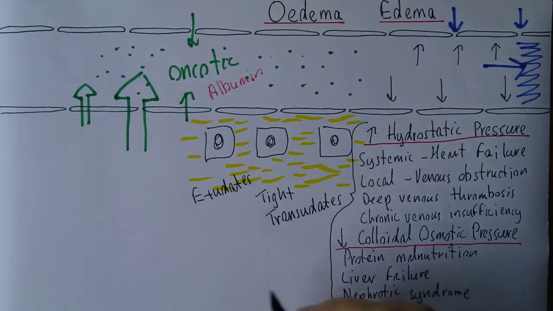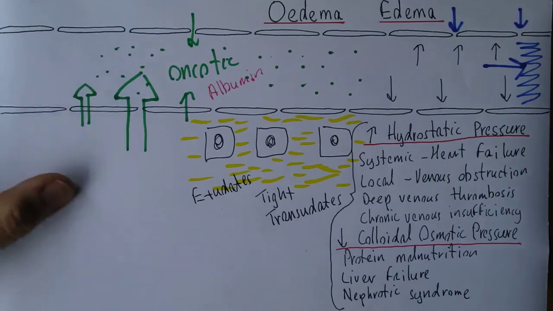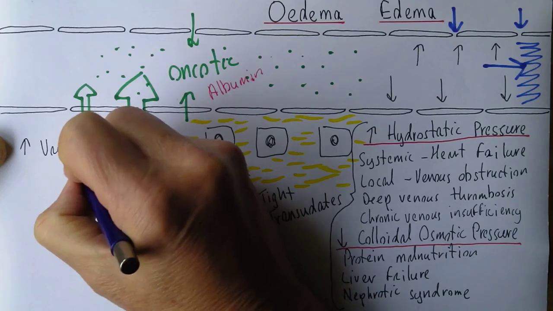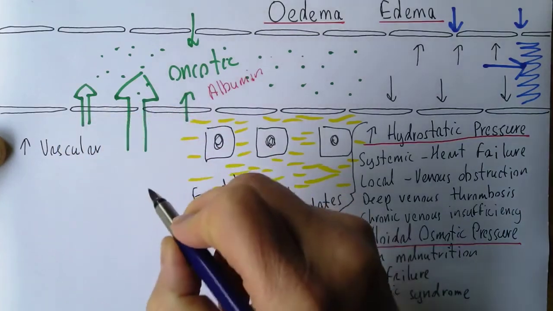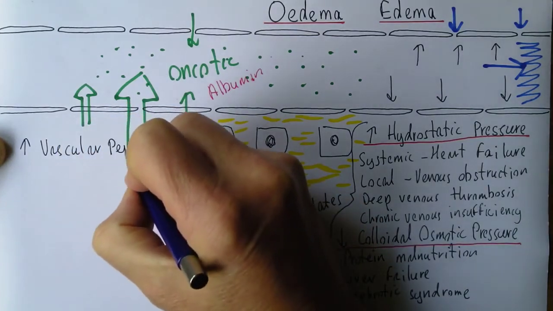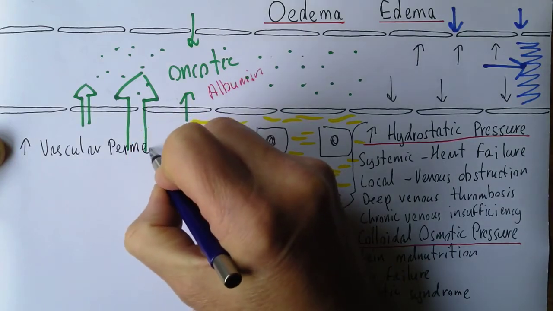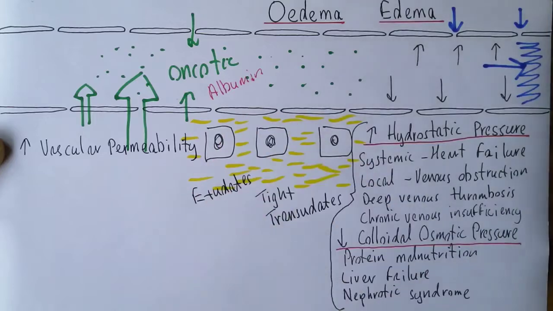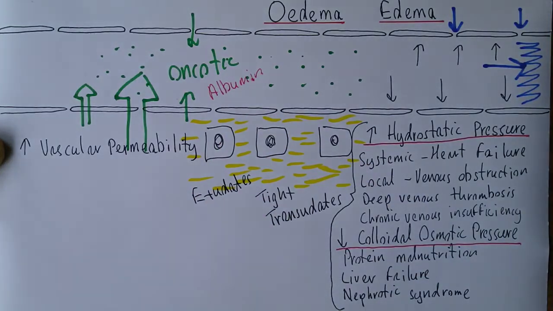Exudates is the type of edema caused by increased vascular permeability.